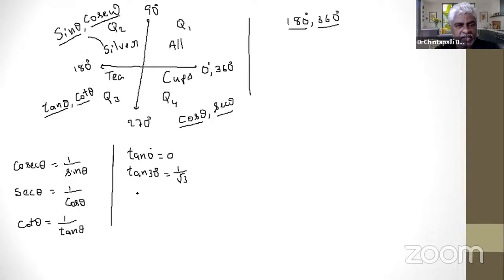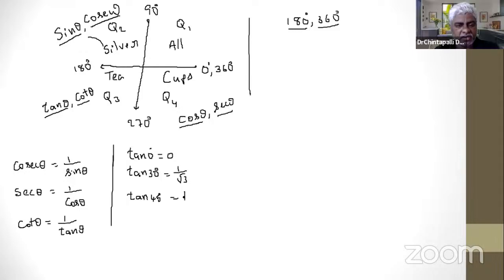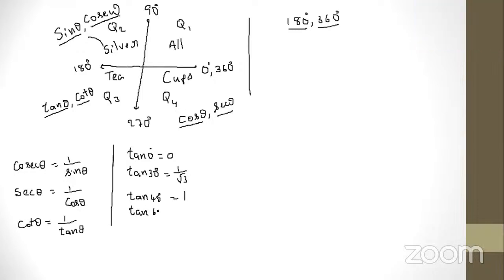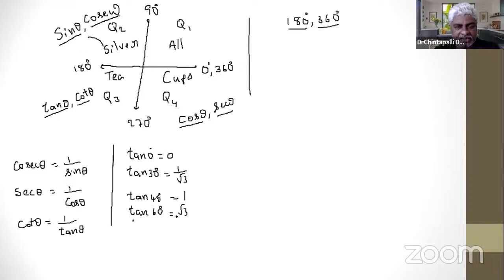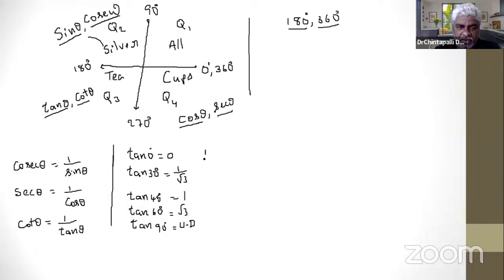Tan 45 degrees is 1. Tan 60 degrees is root 3. Tan 90 degrees is undefined. On the basis of these values, we can find any value up to 360 degrees.